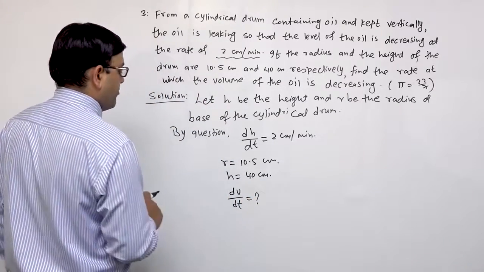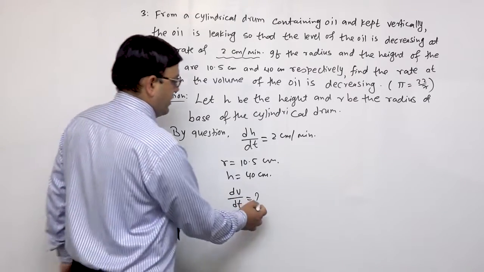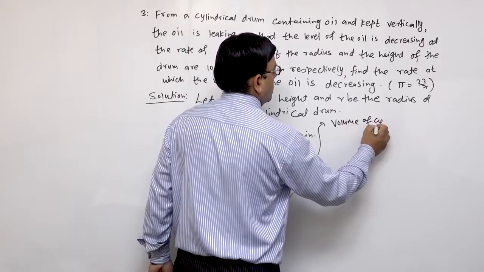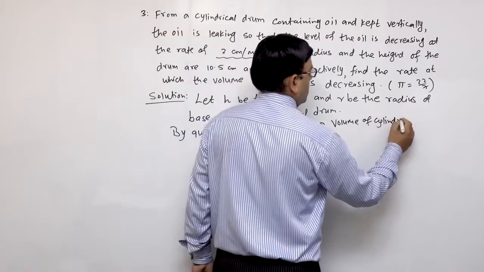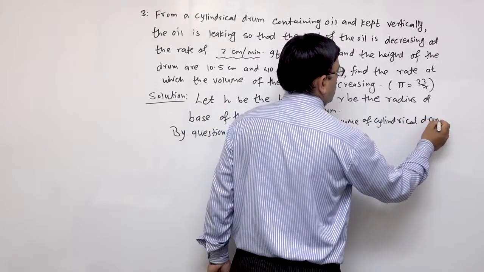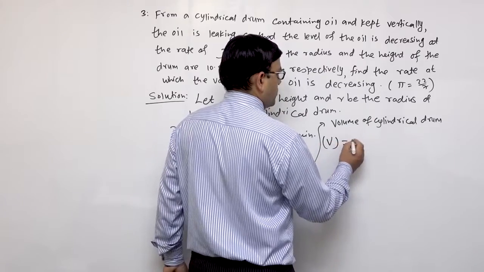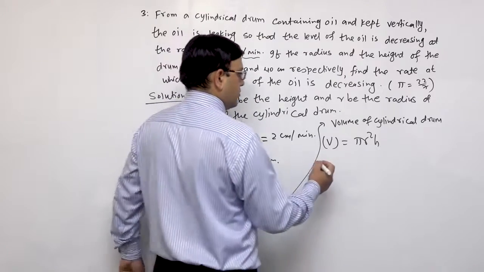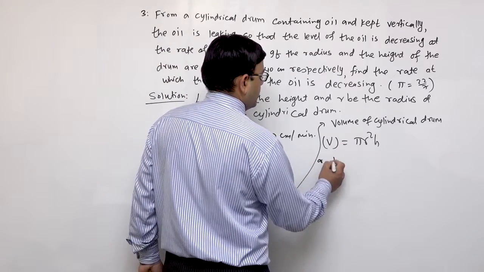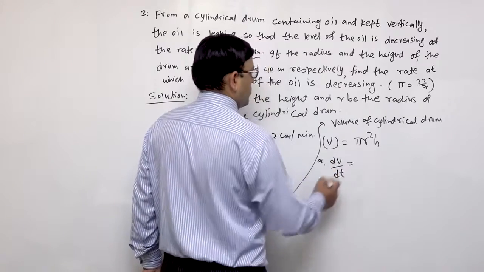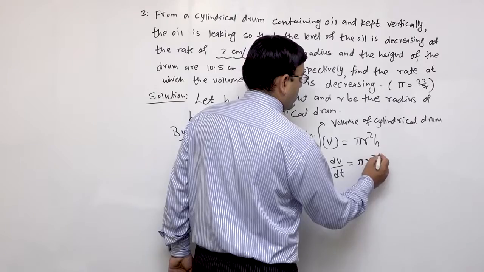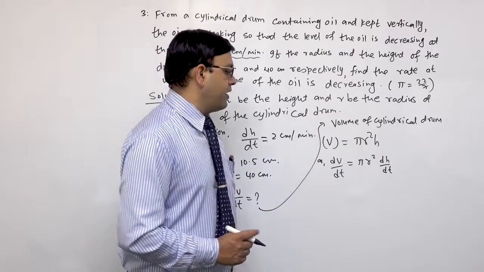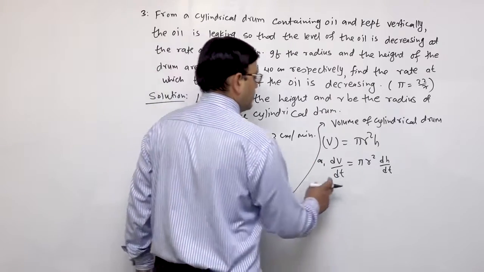Now let's see what the volume of a cylinder is. The volume of the cylindrical drum, V, is equal to pi r square, this is the formula of a cylinder. So we can write dV by dt is equal to pi r square dh by dt. We have to find dV by dt, so we are taking the derivative with respect to t.